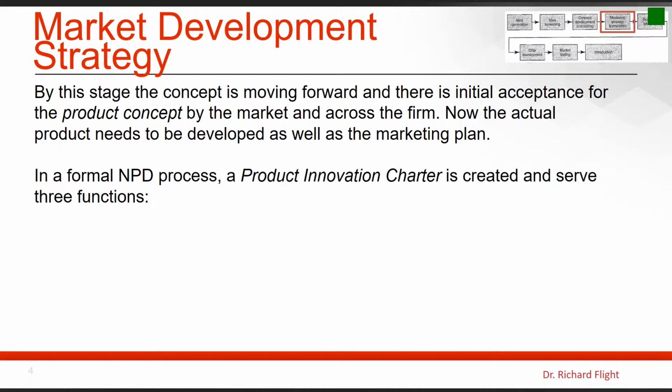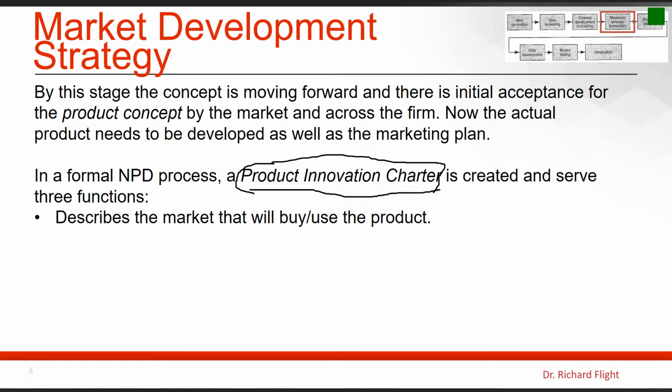So in a normal product development process for a for-profit firm, we introduce something called a Product Innovation Charter, or a PIC. So again, in a for-profit organization, this is something that we create that helps us move forward with the product. So the Product Innovation Charter.